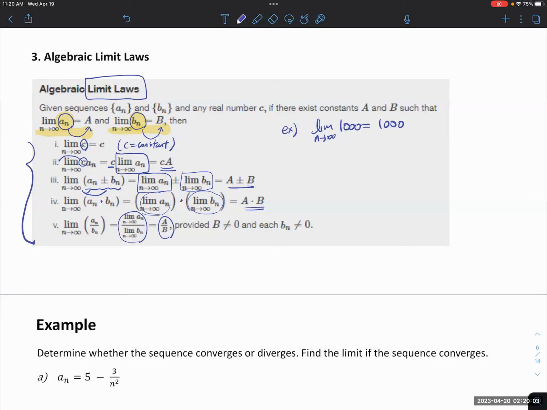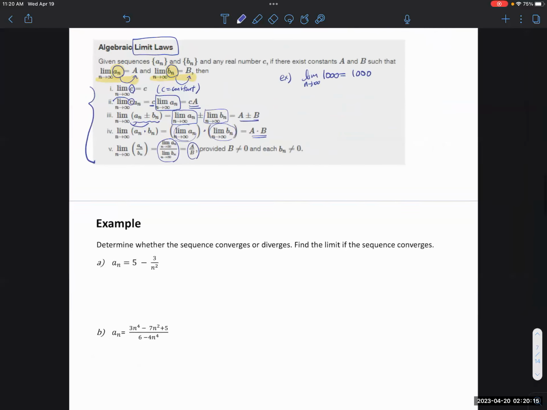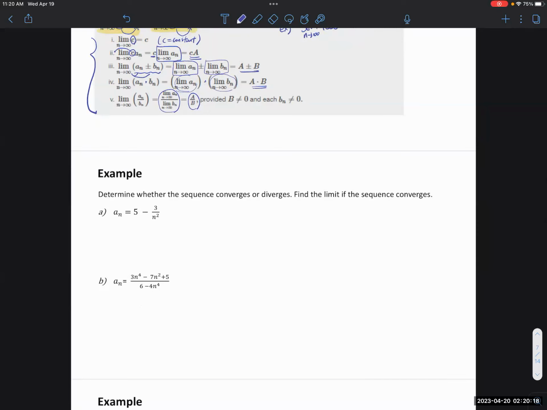We learned it already in Calculus 1. I'm going to apply this one in the following example. So we're going to literally take the limit to solve the example. Let's go to the example. Okay, here we go. Determine whether the sequence converges or diverges.